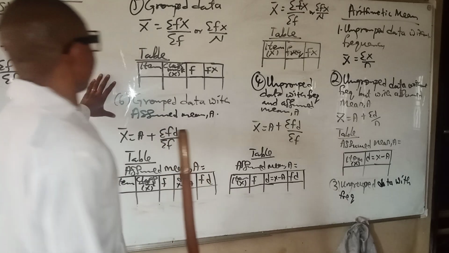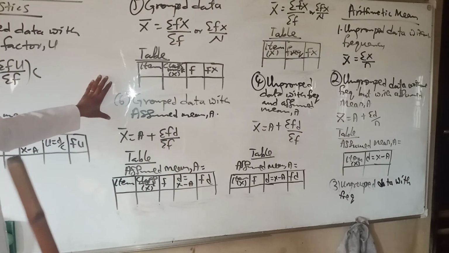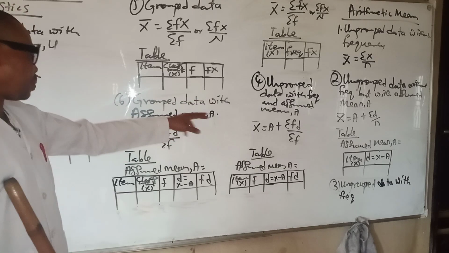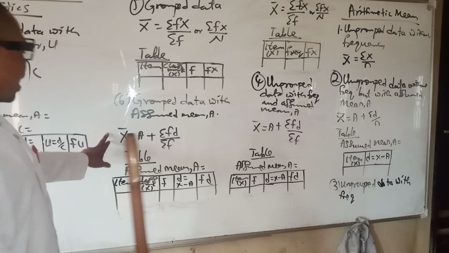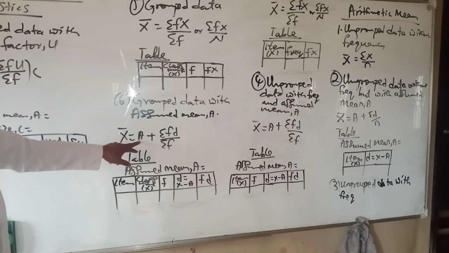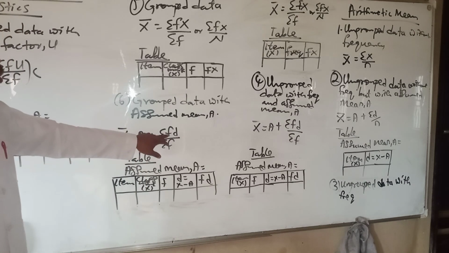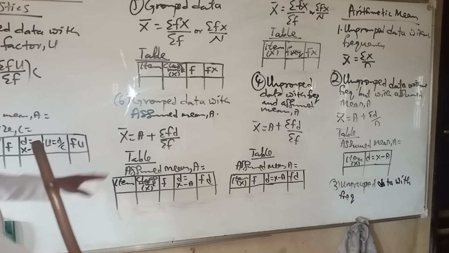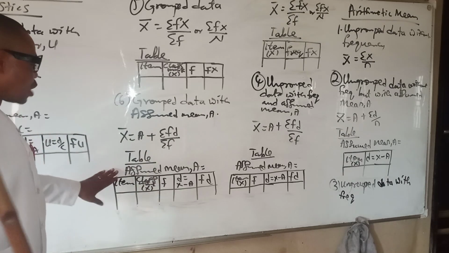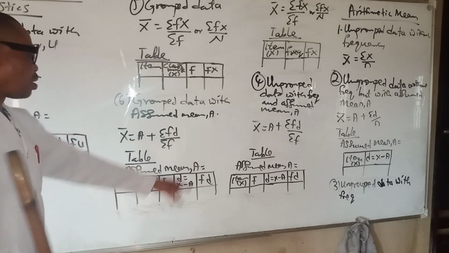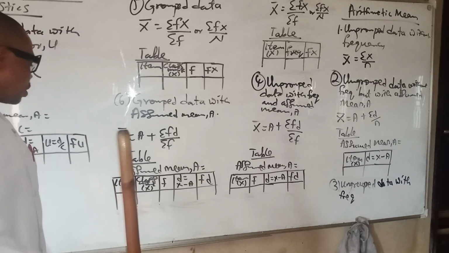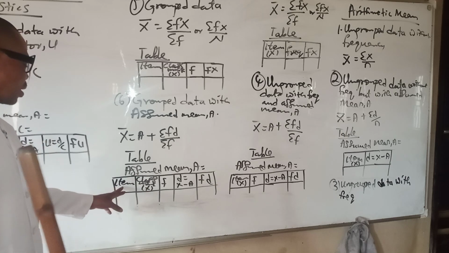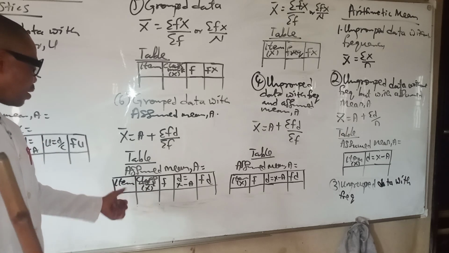Then the sixth formula is for calculating grouped data with assumed mean. The formula is x bar equals A plus summation fd over summation f. The table for it has the assumed mean A, the value from the question. The columns of the table: the first one is item, which is class interval.